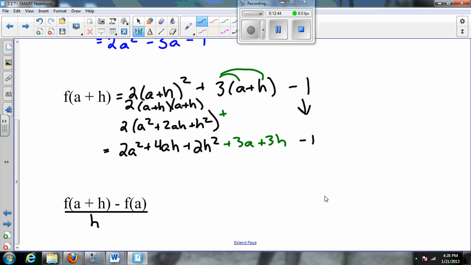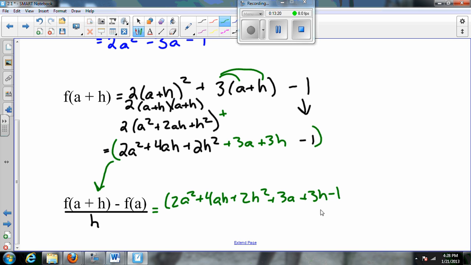Okay, now we are going to take care of the quantity f of a plus h minus f of a all over h. Well, we already know f of a plus h, and we already know f of a. So now we're just going to substitute it all in. So we get 2a squared plus 4ah plus 2h squared plus 3a plus 3h minus 1.